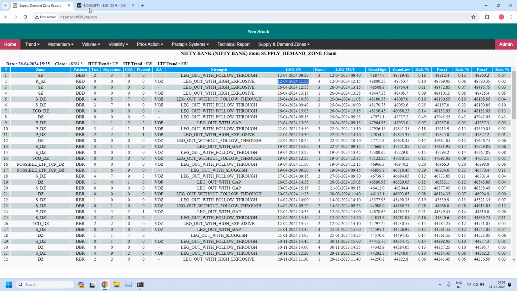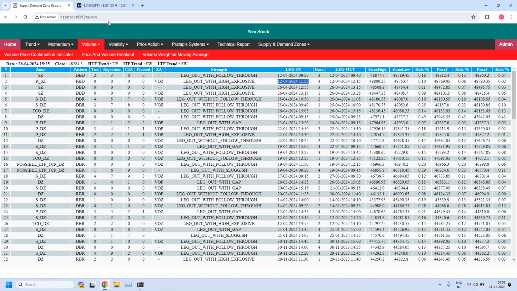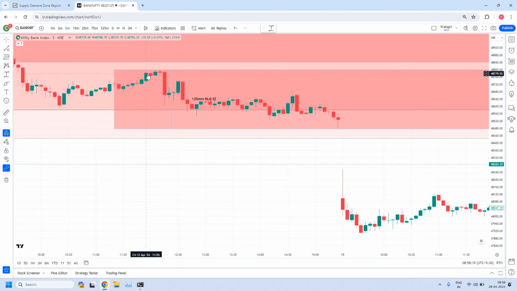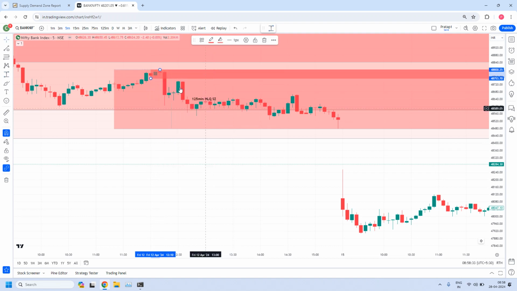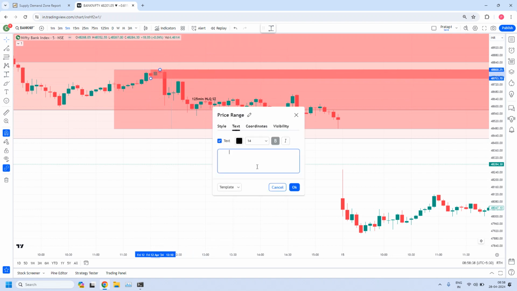Yeah, 3 base candles. Rally base drop. Prices haven't entered into this zone. So this is a 5 minutes high liquidity zone. So, 5 minutes high liquidity supply zone.